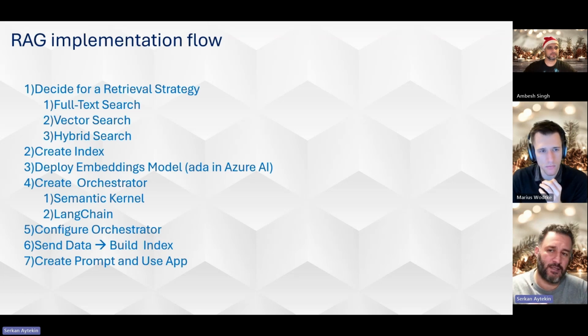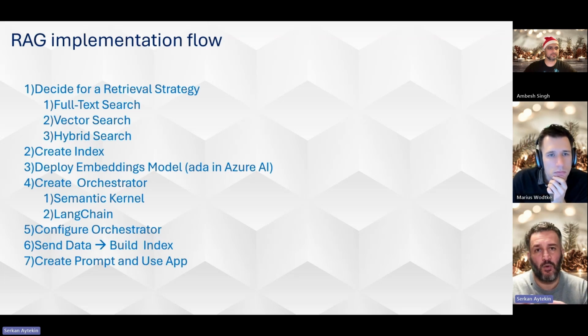Then we create our index. We need an embeddings model because we have our data, and that embeddings model is used to get from the data those vectors, that numerical representation of the data. Therefore, we need it somewhere, and it is in Azure, the ADA model. And we need the orchestrator.